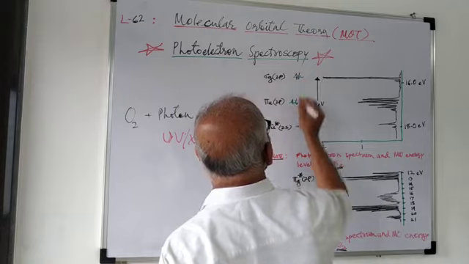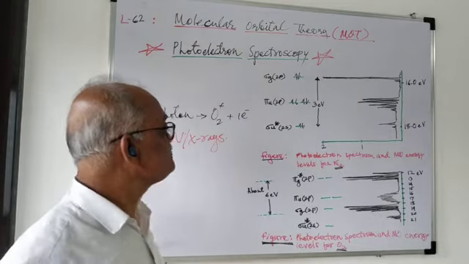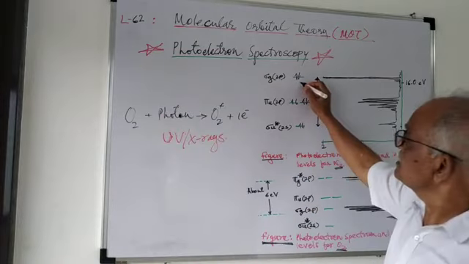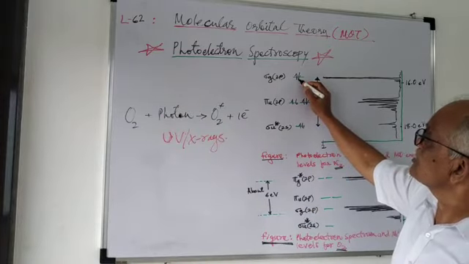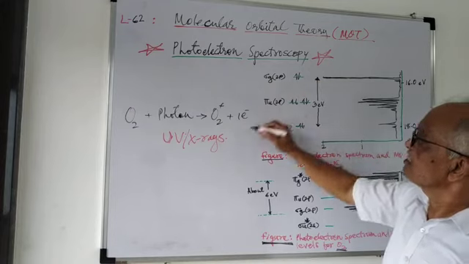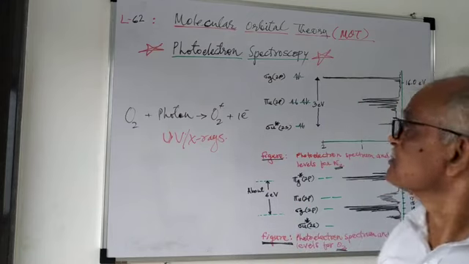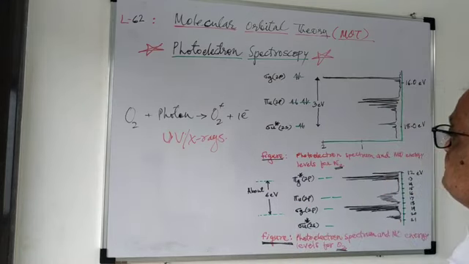Nitrogen has an electronic structure like this, with the MOs filled like this. You will find that the last electron is present here in the sigma g 2p. So UV is capable of removing these outer electrons.